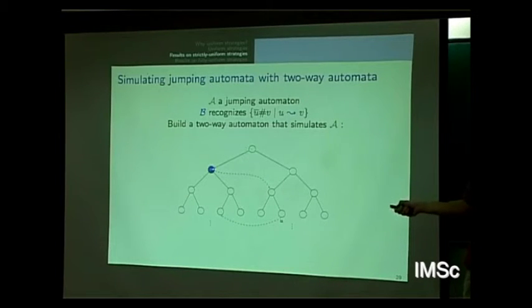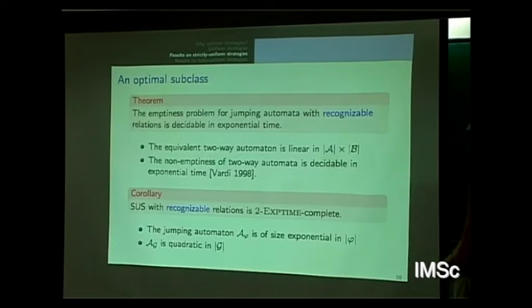And you continue reading the nodes you see in your recognizer B. For example, when you reach this node, you have read in B: U bar dash V. And if B has reached an accepting state, it means that V is related to U. And then you can terminate your jump mode, and resume the normal behavior of A. So that's how you simulate the jumps with a classic two-way automaton.